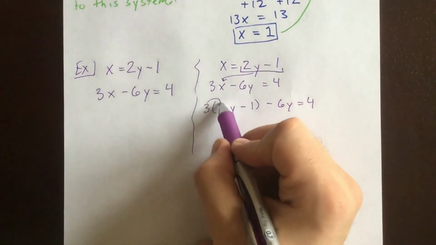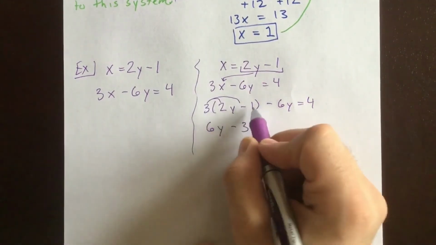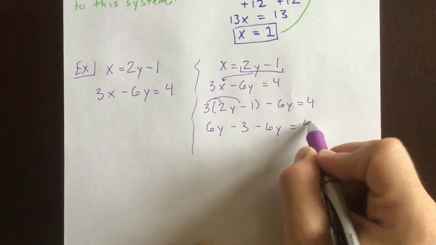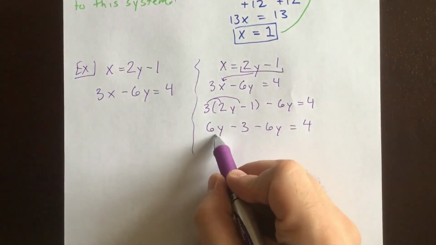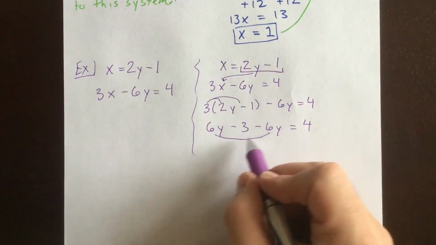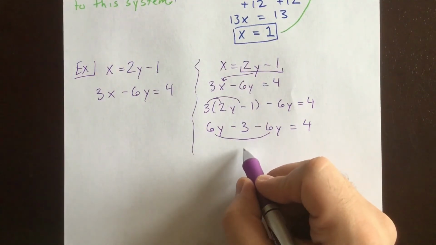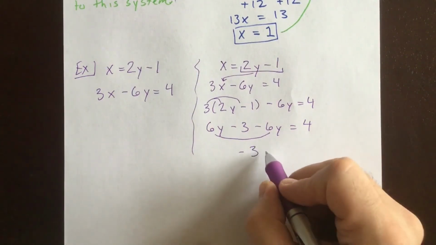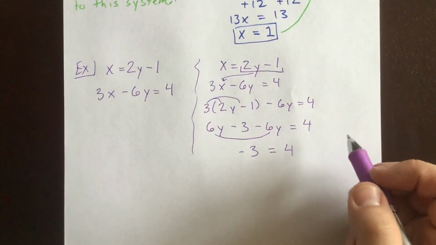So we distribute, giving us 6y minus 3, because 3 times negative 1 is negative 3. Subtract 6y. All right, and let's see, 6 minus 6, ooh, it's 0. They cancel, they go away. So we're left with negative 3 equals 4. It's interesting.